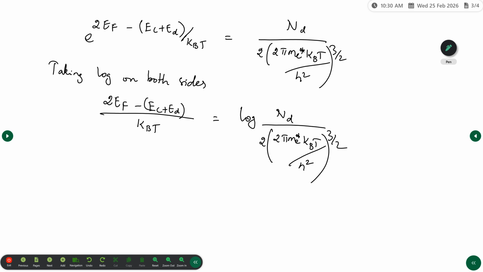Now take this kBT to the right hand side. This term also is taken to the right hand side. So let me skip one step.